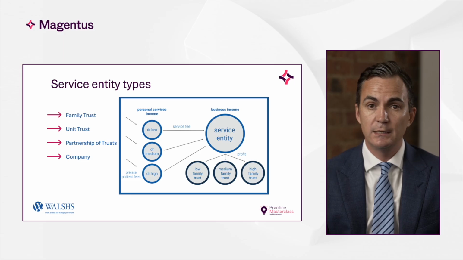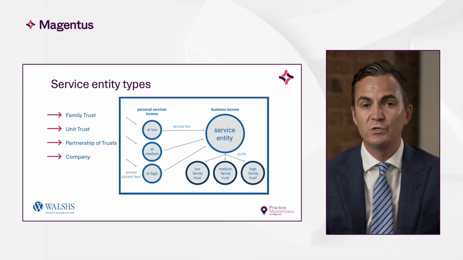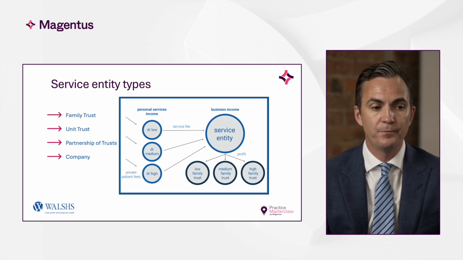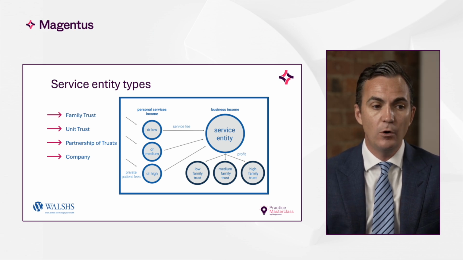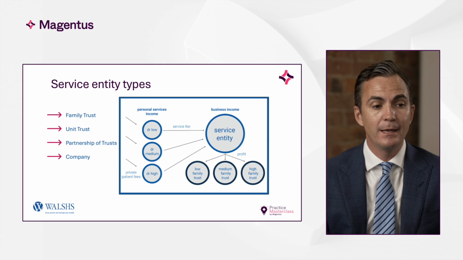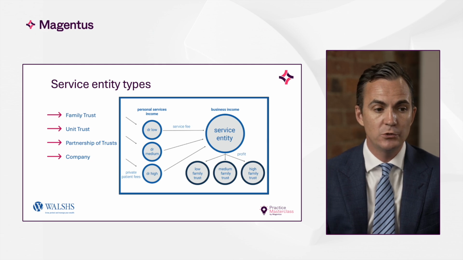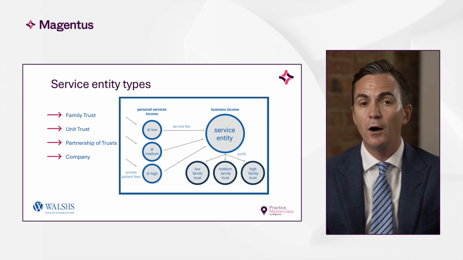And that, once again, if I refer back to previously, a company has shareholders. In this structure, the shareholders are the respective family trusts. It has directors, which would be the doctors working in that entity, and has a constitution which governs what they can and can't do. So any profit flows out of that service entity company into the respective family trust of Dr. Low, Dr. Medium, Dr. High.